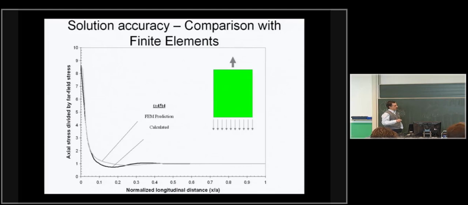So at about 0.3, we are already very close to the far field value. Whatever effect this point load has, it's really significant only within the first 30% of the distance from one edge to the other.